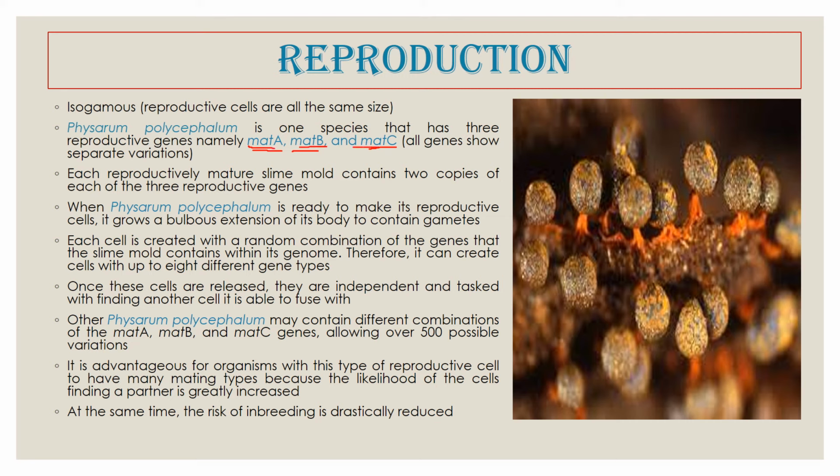And this is the reason why Physarum is used to study genetic inheritance. And this was all. You can pause the video and go through it. I have been discussing this in the previous videos also about how the reproduction occurs.